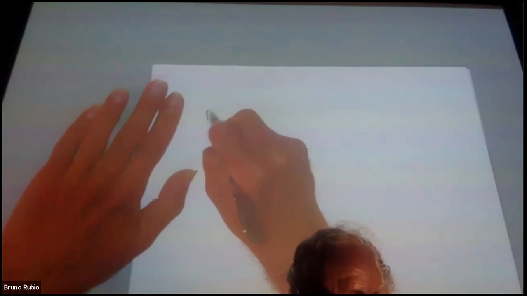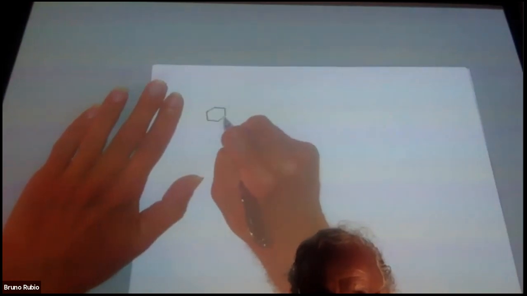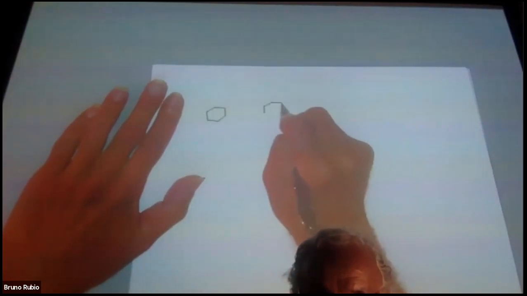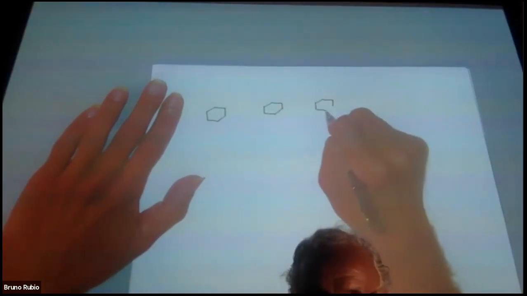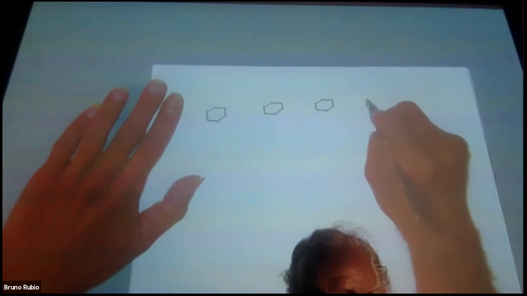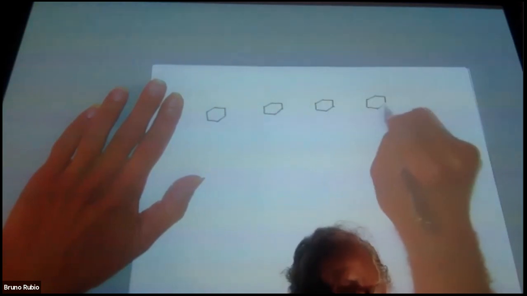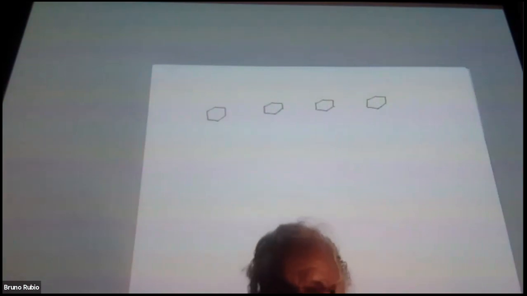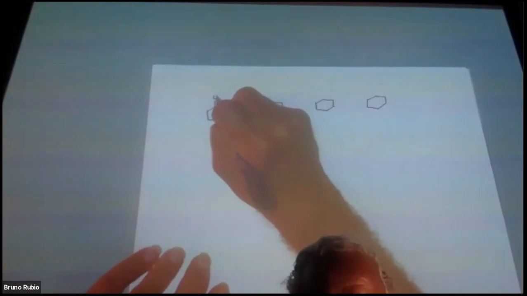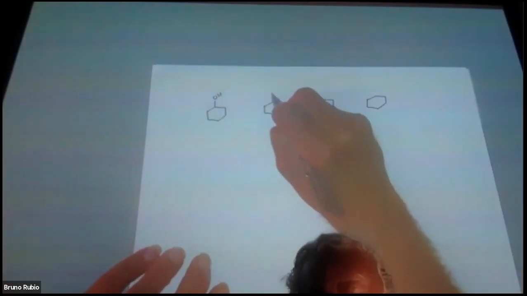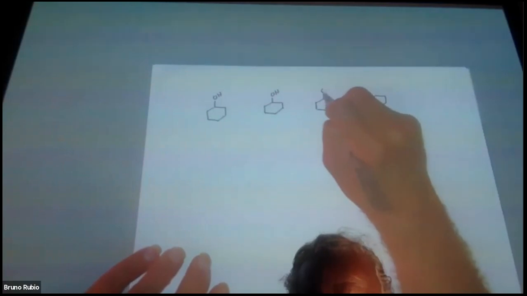How about some cyclohexane rings? Okay, and I'm going to put an alcohol up here at 12 o'clock.